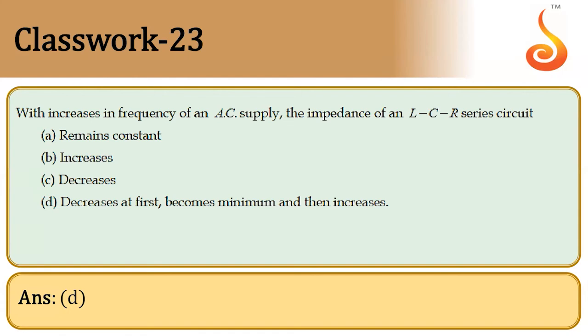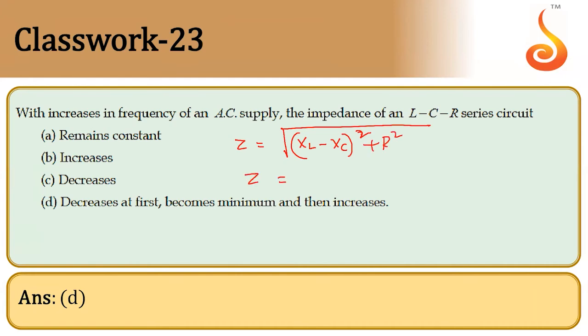With the increase in frequency of an AC supply, what will happen to the impedance of the LCR circuit? Impedance is given by root over (XL minus XC) whole square plus R square.